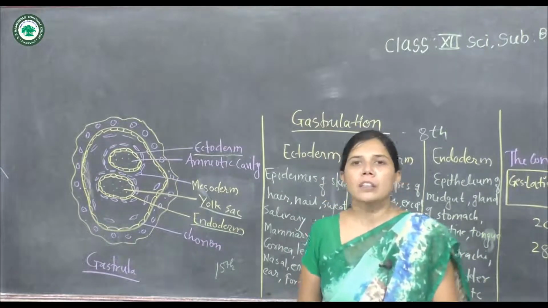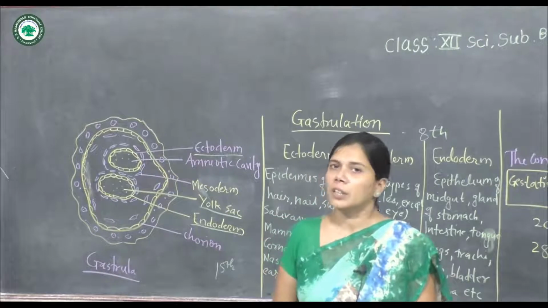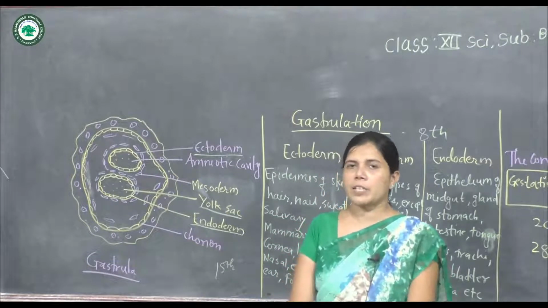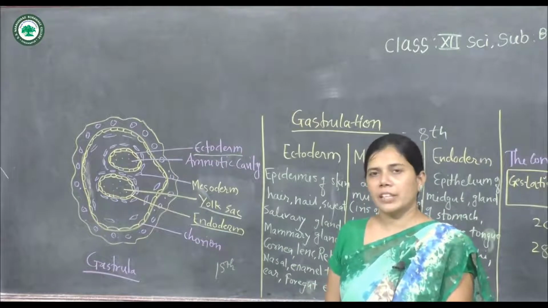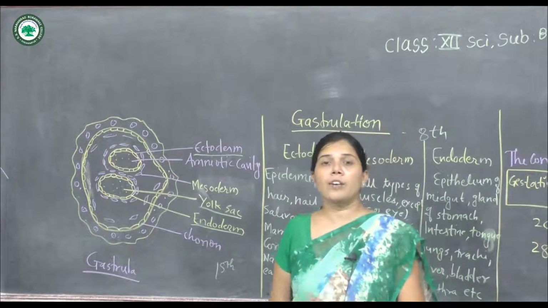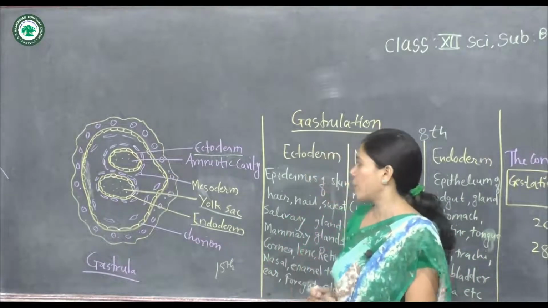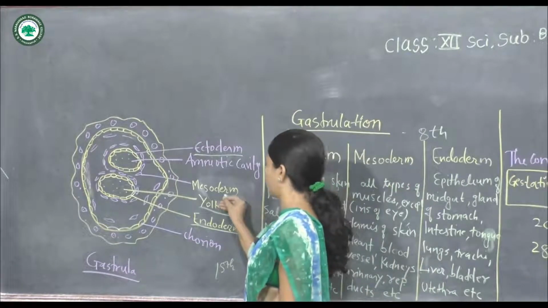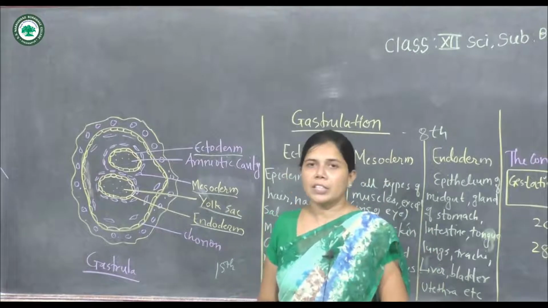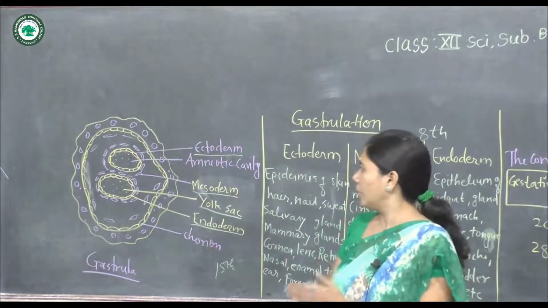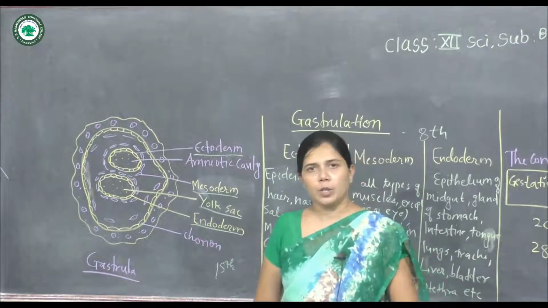The third germinal layer forms after the 15th day, at the end of gastrulation. It is known as the mesoderm, and it is formed in between the amniotic cavity and the yolk sac.